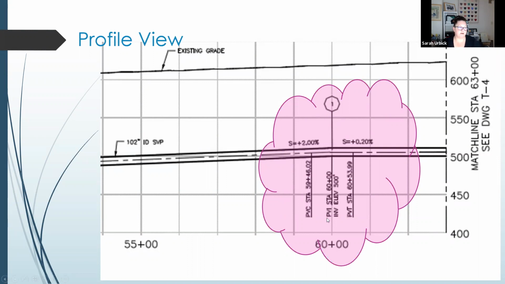We have our midpoint, our point of vertical intersection of our tangential points, and our point of vertical tangent. So we've got our last station here. We're still increasing. Notice that both of those slope values are positive. One's just not as positive. So we've got a 2% slope. I know I'm exaggerating this. And we have a 0.2% slope. Okay. So there's a break in the slope there, but it is a vertical curve.